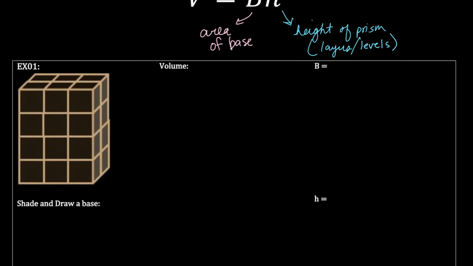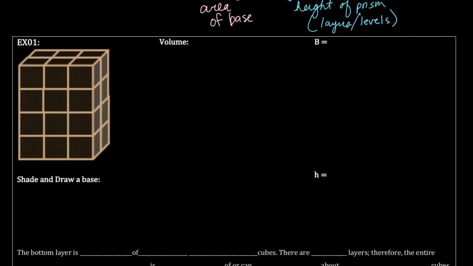So let's draw our base, in orange, and it's 3 units by 2 units. Now the thing is, I'm showing you the same example. I'm going to show you how to show the work in the way that I want you to show the work today, okay? So this is my base.